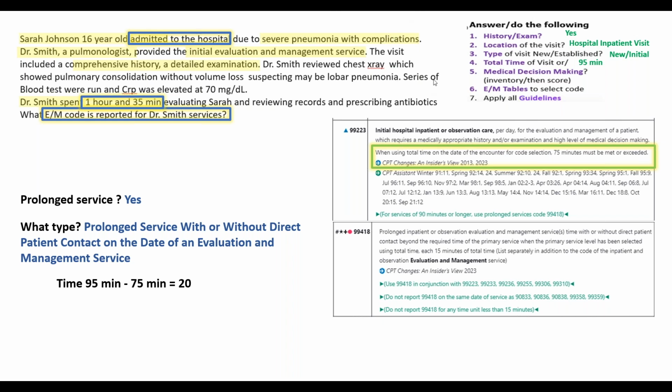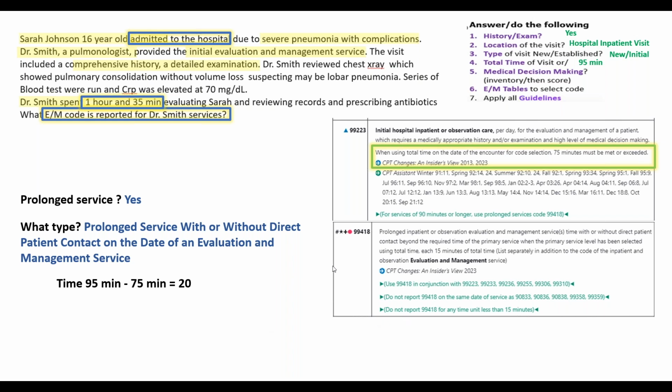So coders, after 75 minutes, how long did the doctor evaluate the patient? To know that, we can subtract the total time required to bill 99223, that is 75, from the total time, 95. That would give us 20 additional minutes spent.